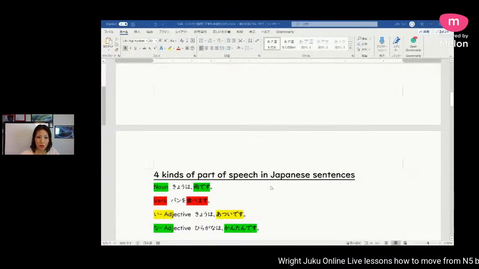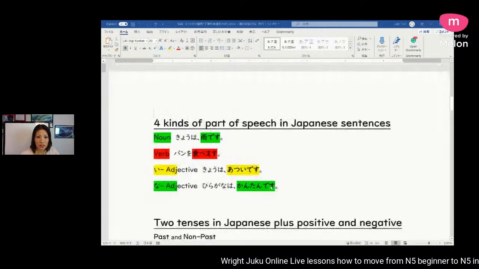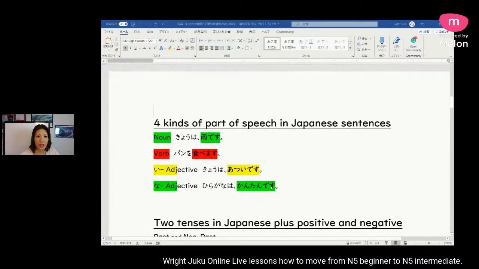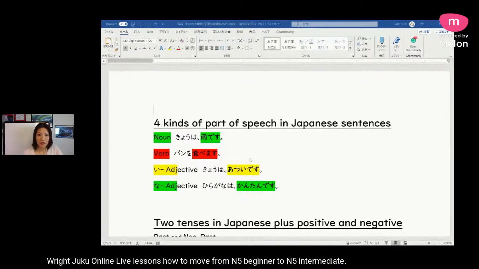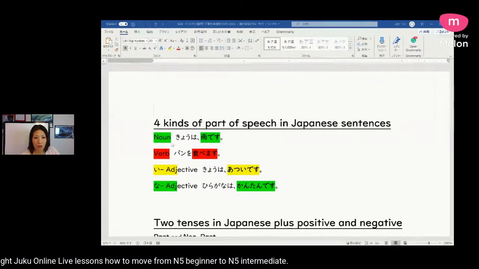First, you need to understand Japanese grammar. We have 4 kinds of part of speech in a Japanese sentence: noun, verb, i adjective, and na adjective.